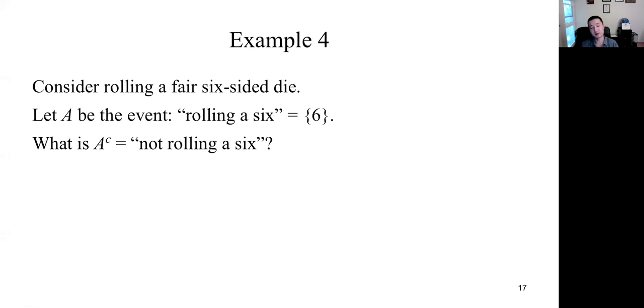If we roll a 6-sided die, and event A is defined as rolling a 6, then the complement of A, not rolling a 6, is the other possible outcomes, which is 1, 2, 3, 4, and 5.